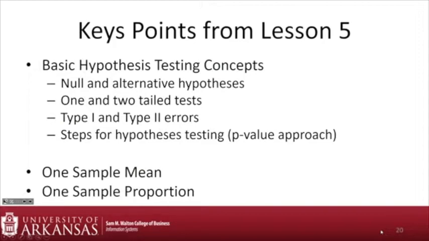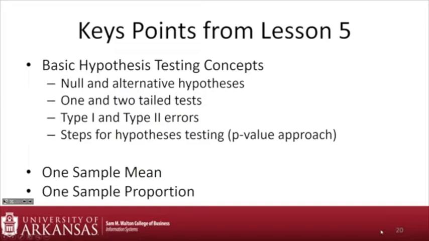We can talk about the null and alternative hypothesis. We can talk about tests being one-tailed, two-tailed, directional or non-directional. We can talk about type 1 and type 2 errors, right? So questions could be, I give you a scenario and I ask you to write out the null and alternative hypothesis. I could give you a scenario and I just ask you to choose multiple choice style.